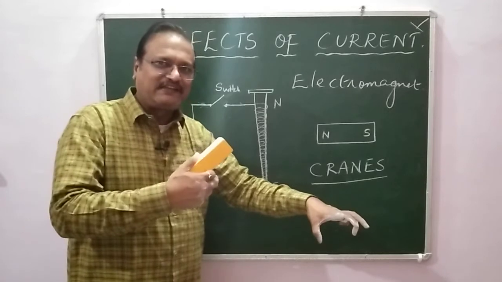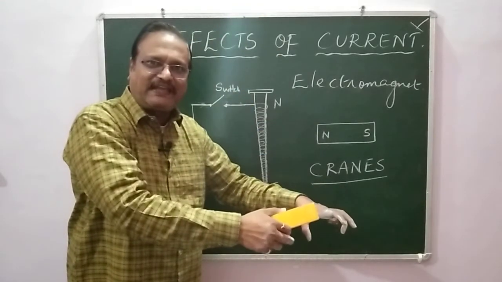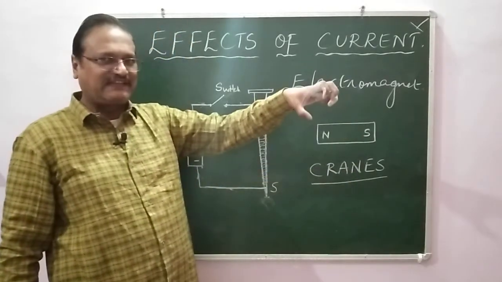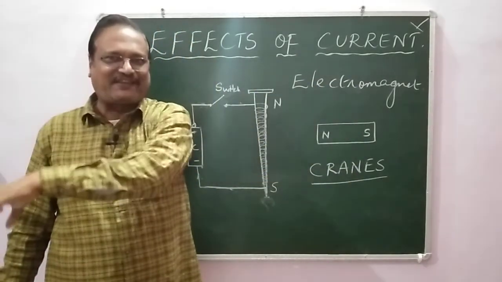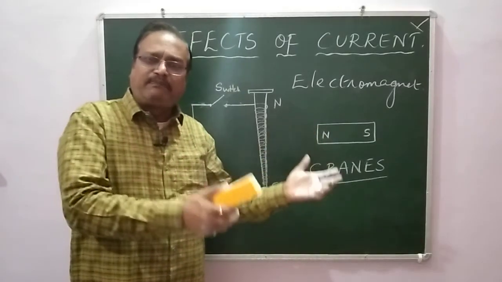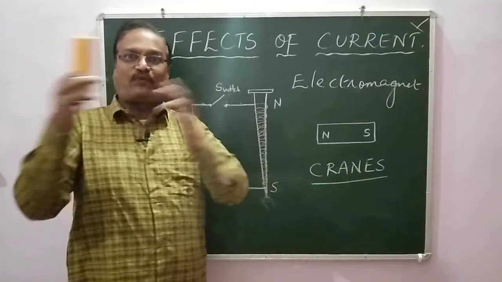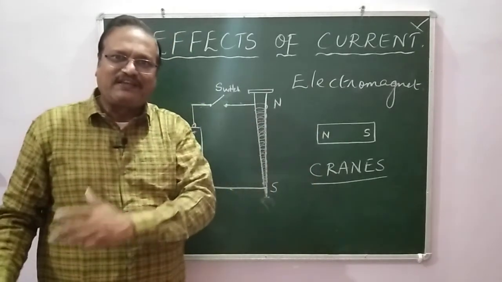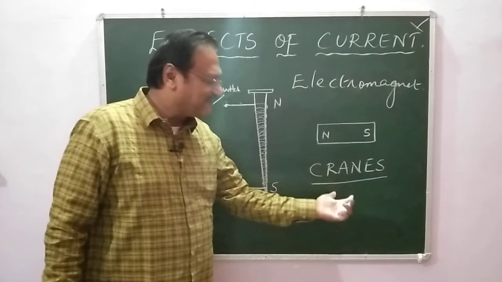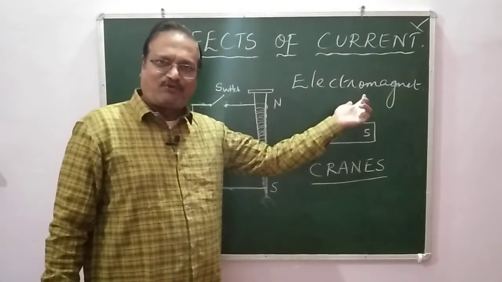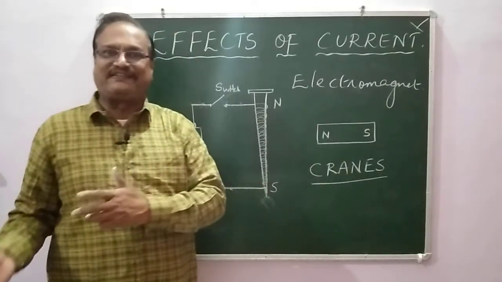Allow electricity, then that will become an electromagnet. It will get jammed, and then you can take it like this and put it in another place. And you can use it in factories where we want to shift big large containers or large metal pieces. In such places, cranes have electromagnets to move things.